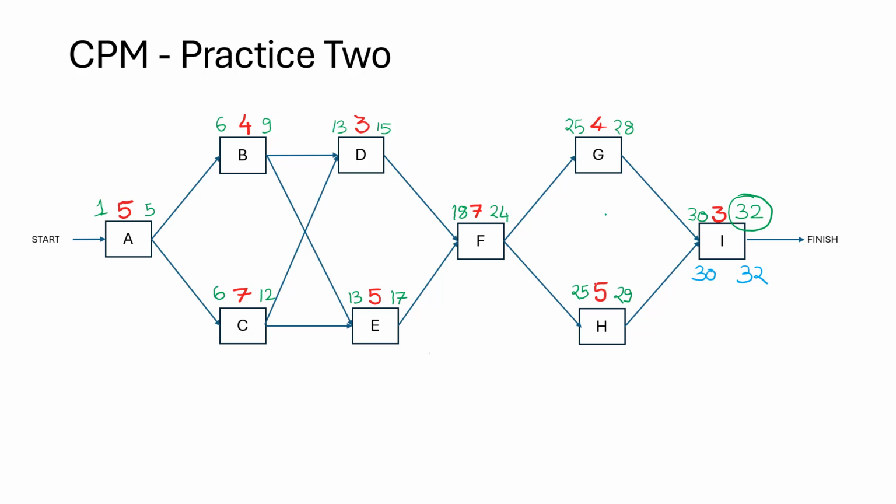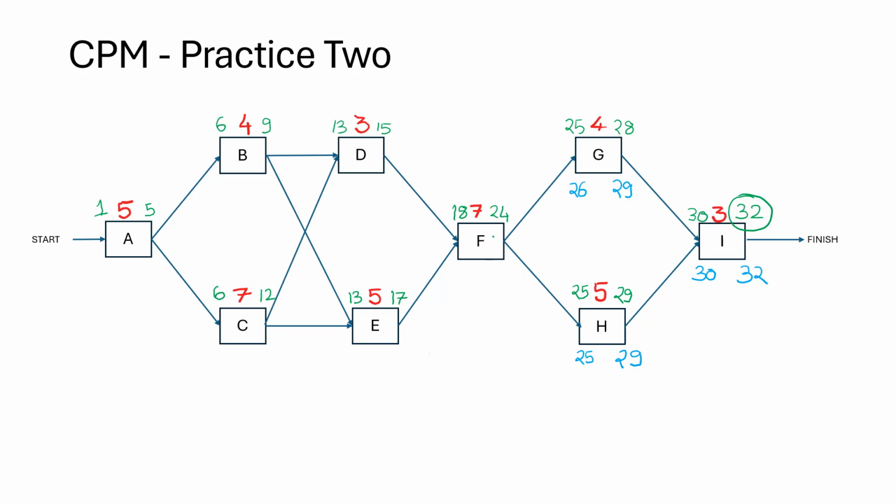This 30 is going to be an input for the late finish for G and H both. I will get 29 here and 29 here. On task G, 29 minus 4 is 25, plus 1 is 26. This is the late start. Now on activity H, 29 minus 5 is 24, plus 1 is 25.